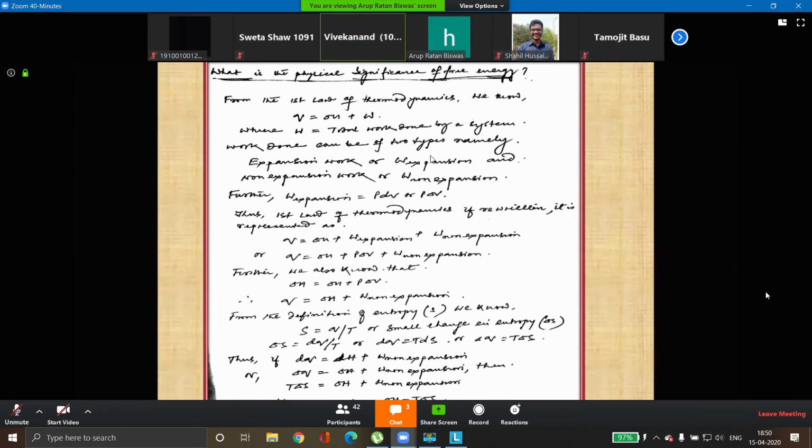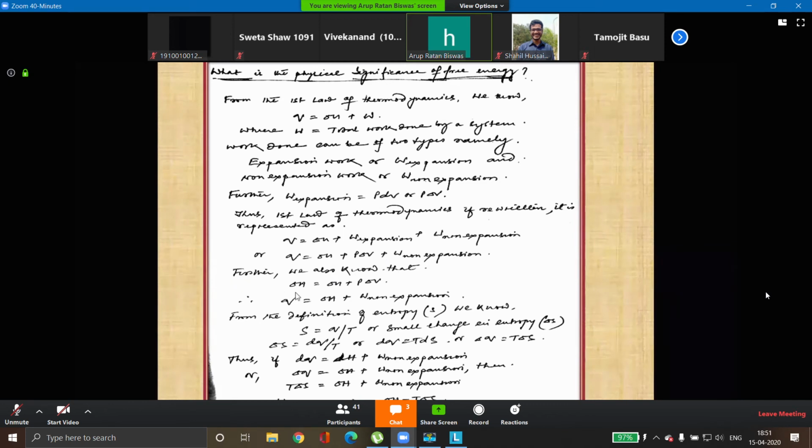W non-expansion work is also called the useful work. W expansion becomes PdV, and then from the first law of thermodynamics, Q equals delta U plus W expansion plus W non-expansion. So Q equals delta U plus P delta V plus W non-expansion.